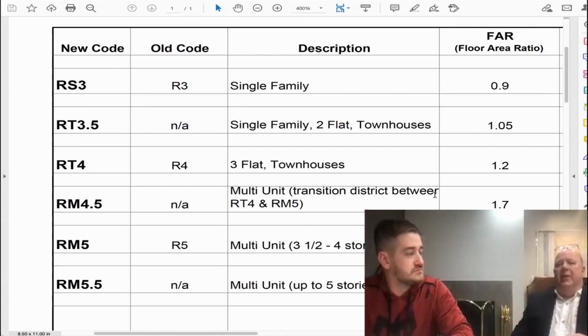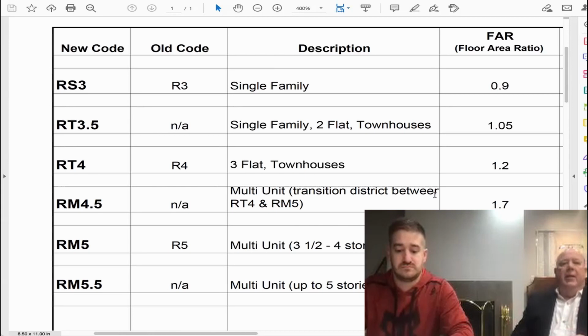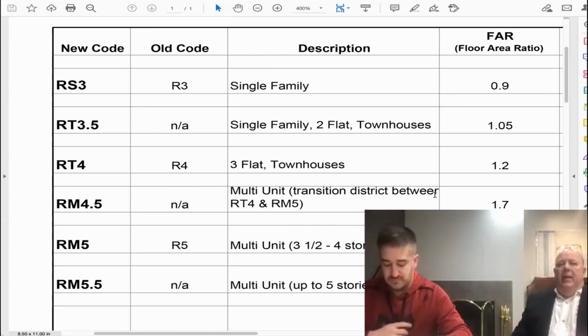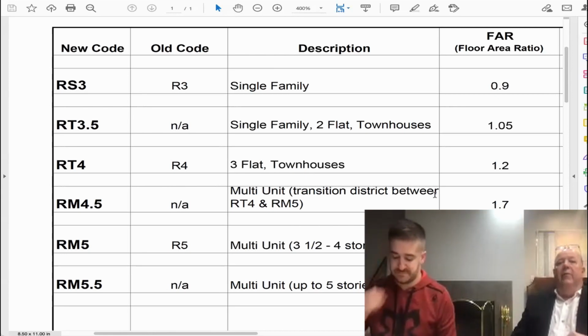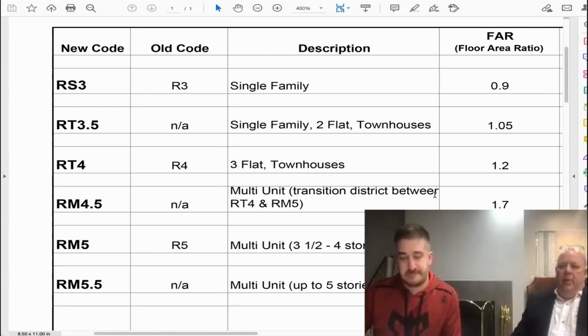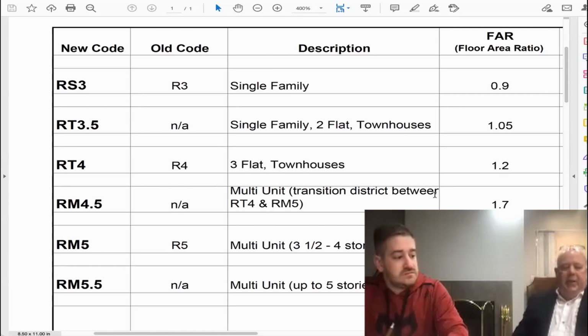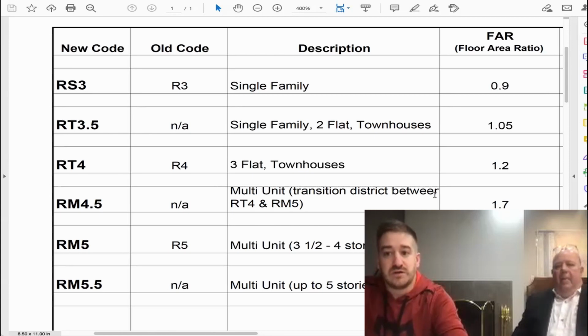PMDs, protected manufacturing districts, PUDs, planned unit developments. Those would be specific to that property, where you go in and ask for a zoning change for whatever you want, and that would be called a PUD. But R is for residential, C is for commercial, B is for business. And they also dictate what the allowed usages are.